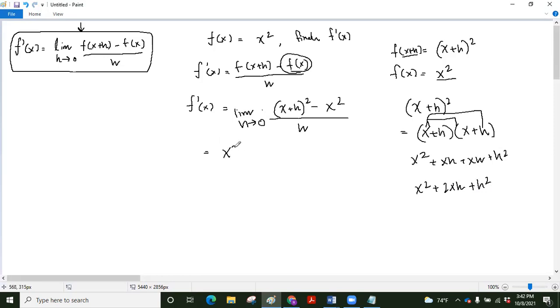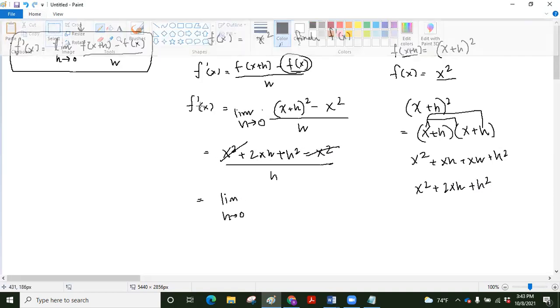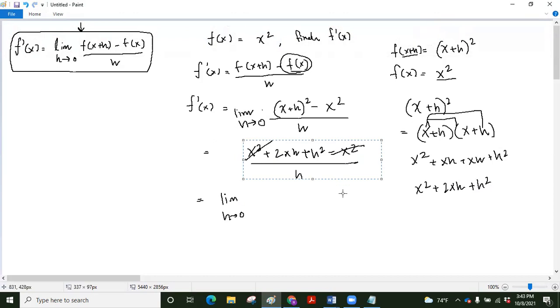We can say that this is x squared plus 2xh plus h squared minus x squared over h. These cancel out. So we're left with the limit as h approaches 0, and again, we should have the limit sign there.